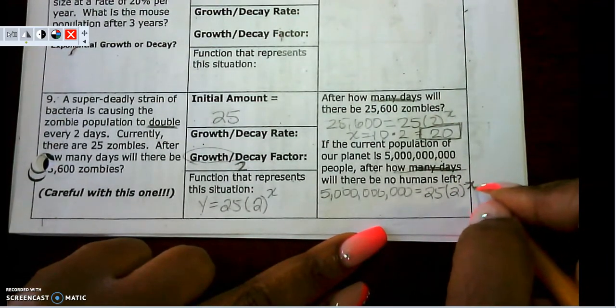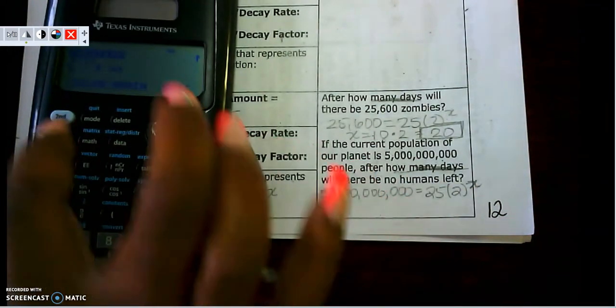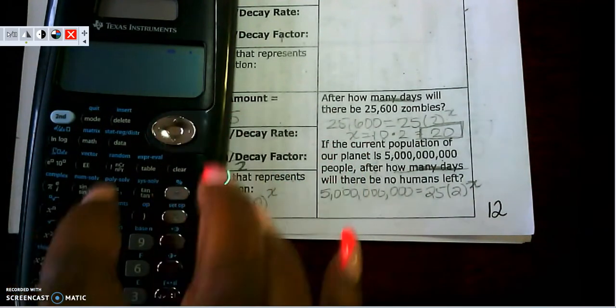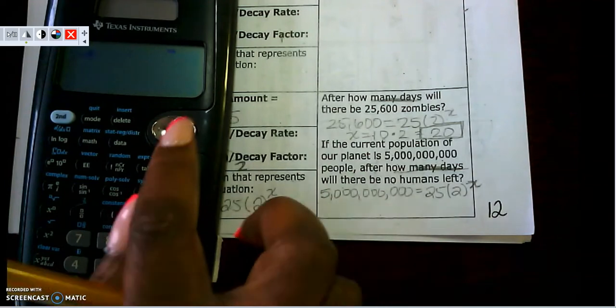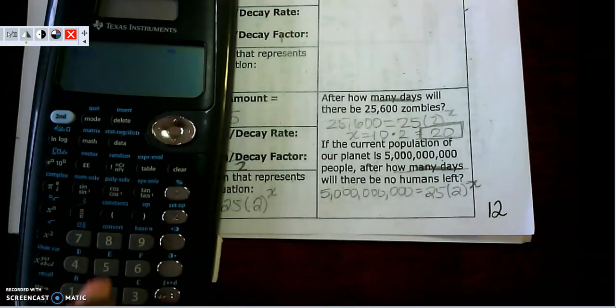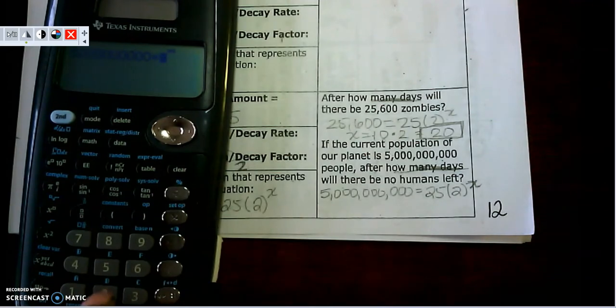So if you were able to use your calculator, we would simply put that in the calculator by using second sign for num-solve, clear out whatever you have in there. So we would have 5 billion on the left, and then we would have 25 times 2.